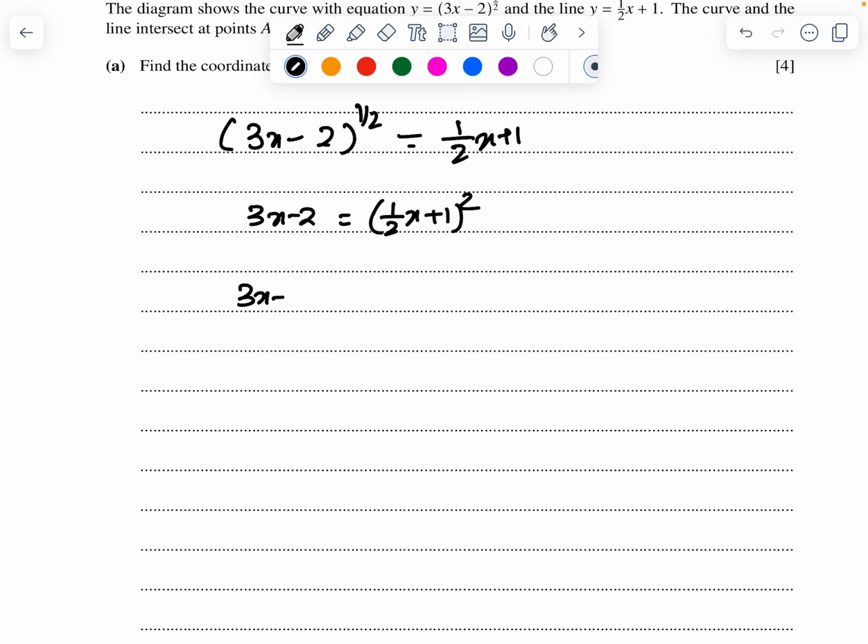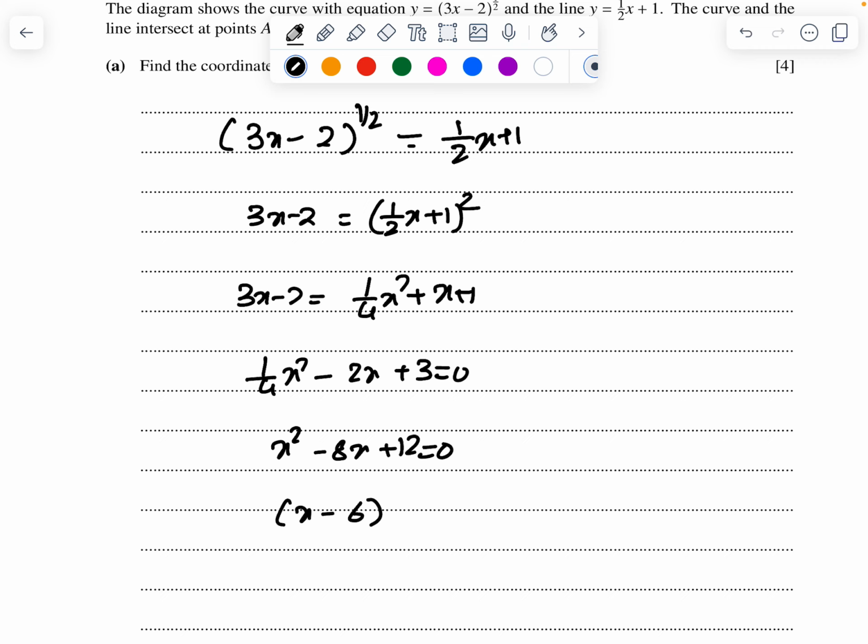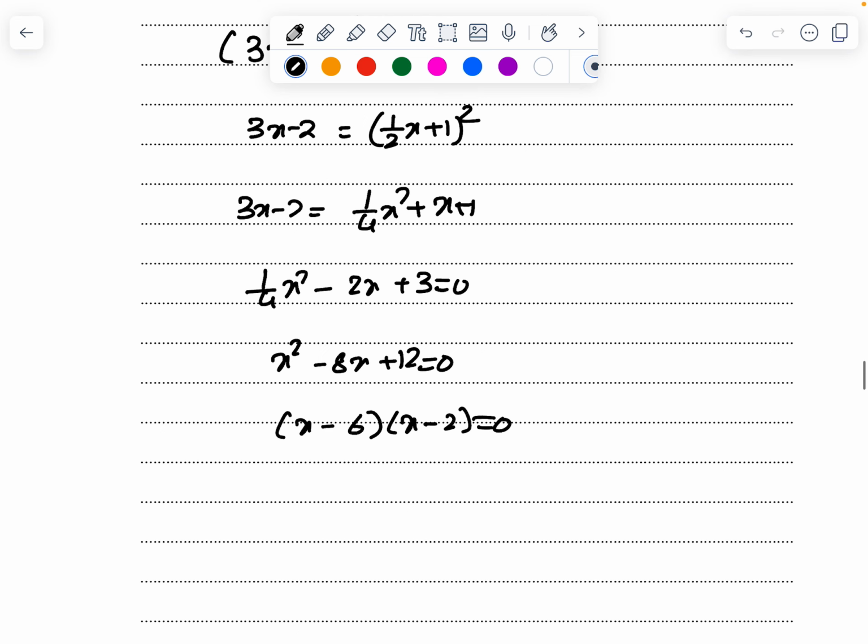So 3x minus 2 equals 1 upon 4 x squared plus x plus 1. Bring all the terms to one side, and multiply by 4. x squared minus 8x plus 12 equals 0. So (x minus 6)(x minus 2) equals 0. So x equals 6 or x equals 2.